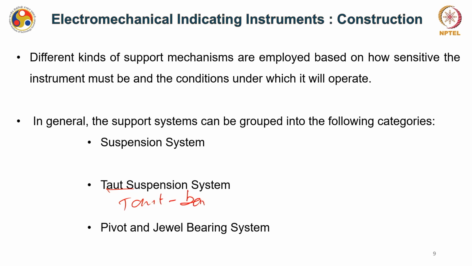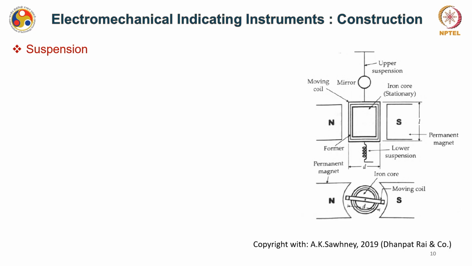Because we have two different bands to support this moving system, the taut suspension system is sometimes also known as the taut band suspension system. Okay. So let us quickly see what this suspension system is, how the taut band suspension system is different, and how they can actually support the moving system of an electromechanical indicating instrument.